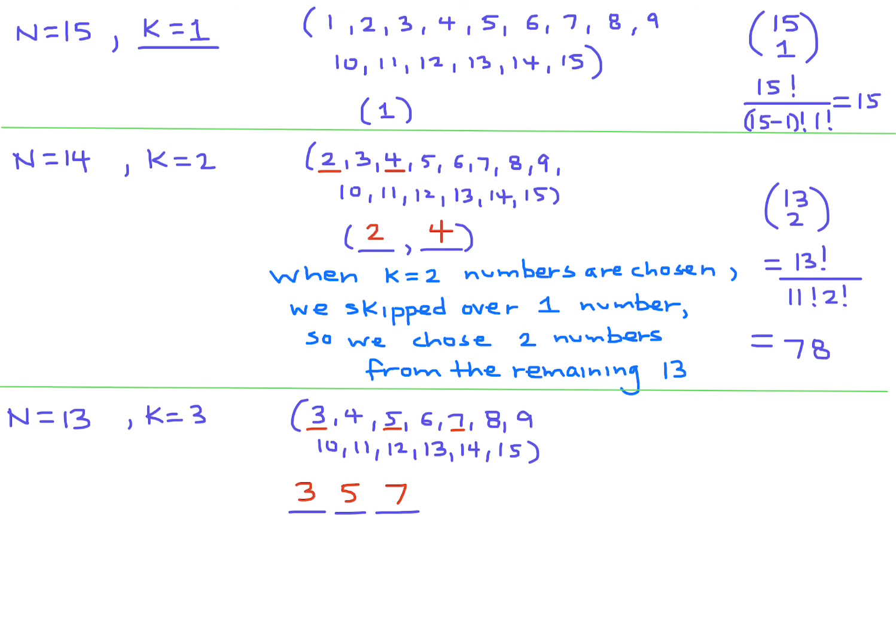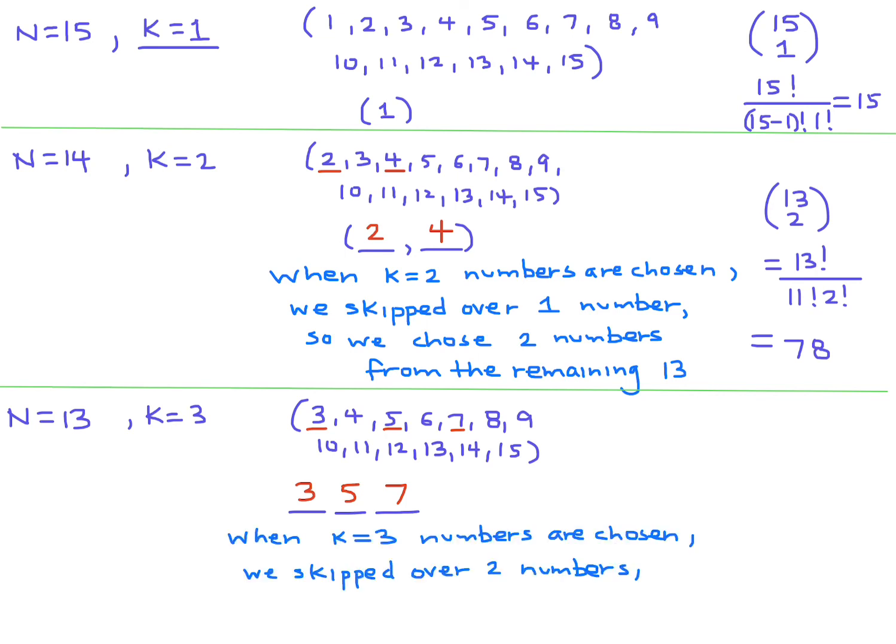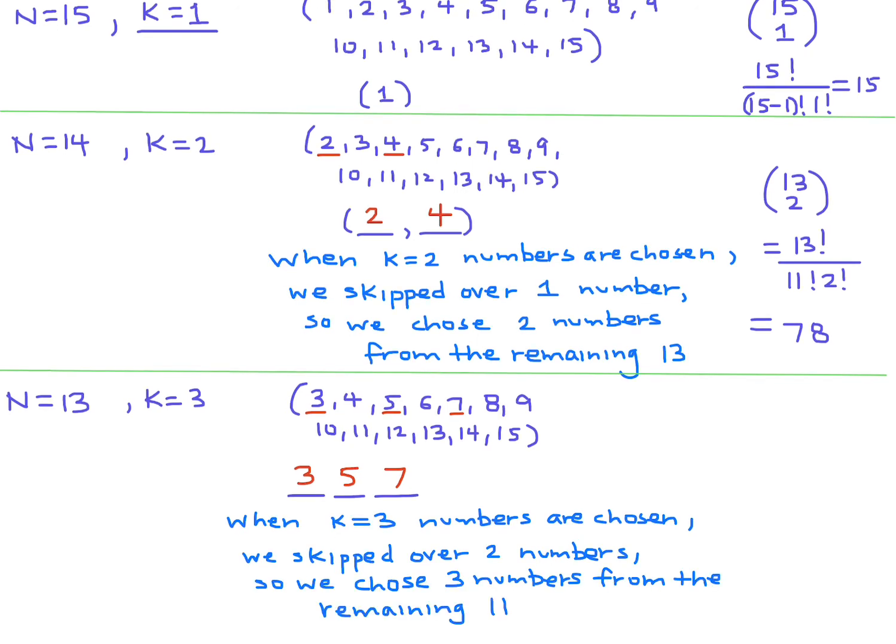And in a very similar way, when k equals 3 numbers are chosen, we skipped over 2 numbers. And those numbers in our example were 4 and 6. We skipped them over, right? We can't choose those because it would violate the terms or rules of the question. We therefore chose 3 numbers from the remaining 11.